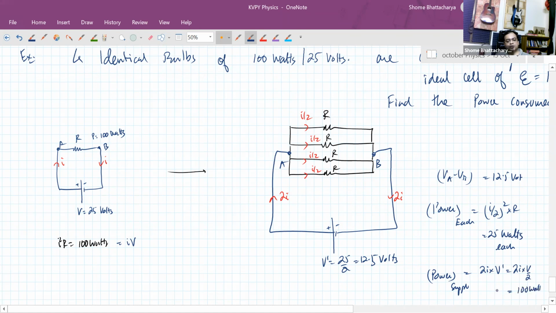That makes sense also because the power supplied must be equal to the total power consumed by all the bulbs put together. So each bulb is consuming 25 watts.